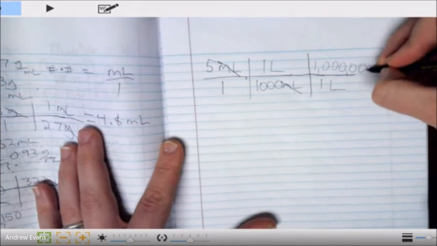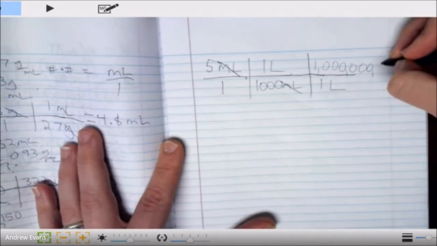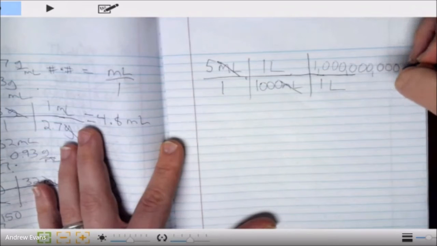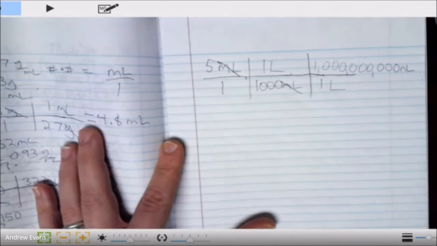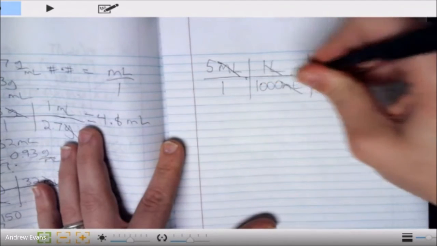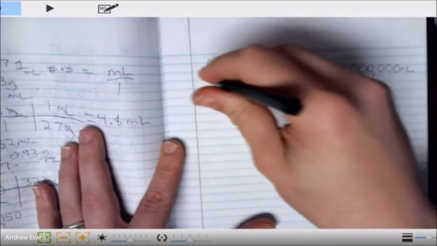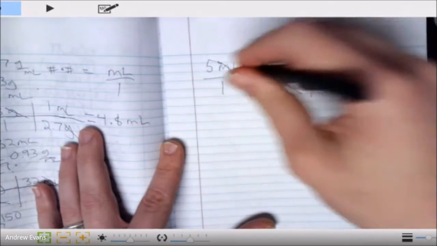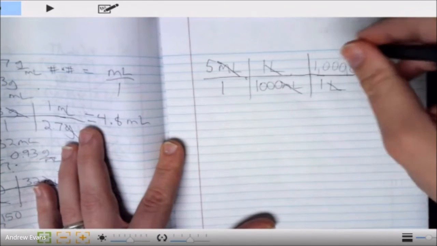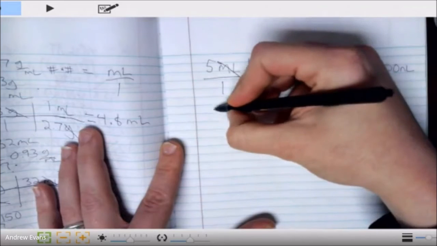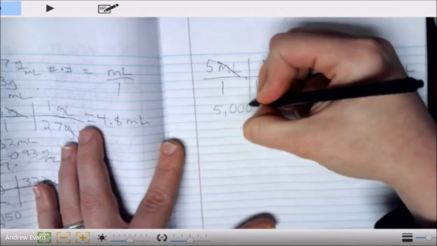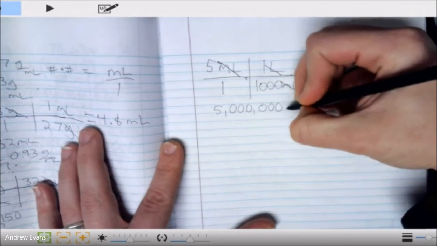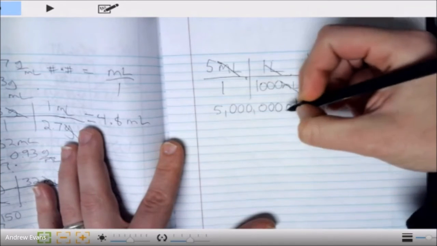So not 1,000, that's a milliliter. Not a million, that's a microliter. But a billion nanoliters, or 10 to the ninth nanoliters in 1 liter. Now, liters and liters cancel out. Milliliters and milliliters cancel out. So we're left with nanoliters. So 5 times a billion is 5 billion. 5 billion divided by 1,000 leaves us with 5 million nanoliters in 5 mils.